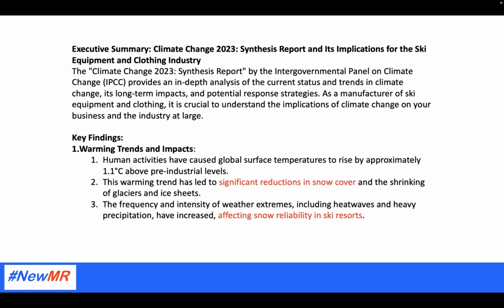So it starts off with an executive summary. It was all in black. I have highlighted these two parts of sentences in red just to make them stand off the page better for you. Significant reductions in snow cover affecting snow reliability. So it knows who my client is. It's not summarized everything that's in that report. It's summarized some things that are in that report that matter to my client.